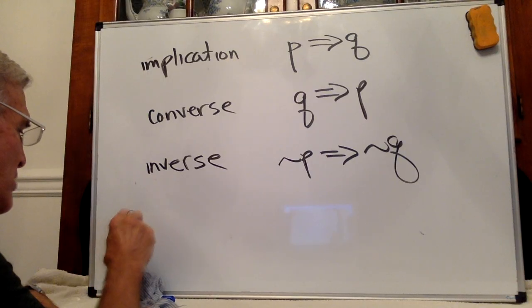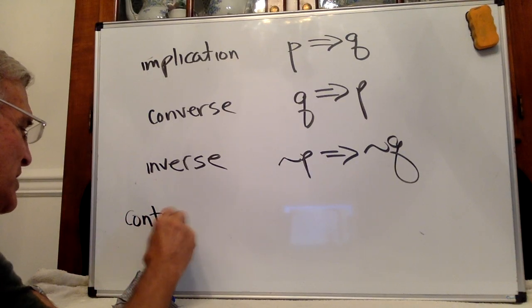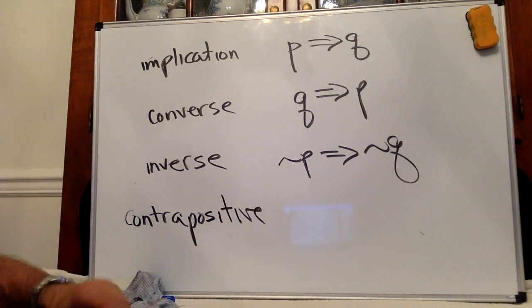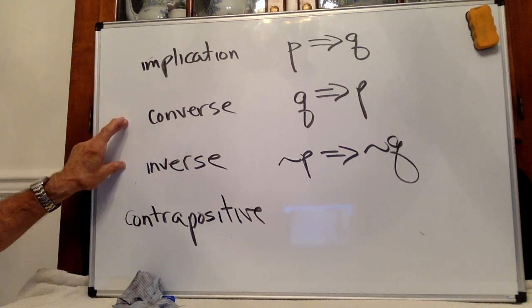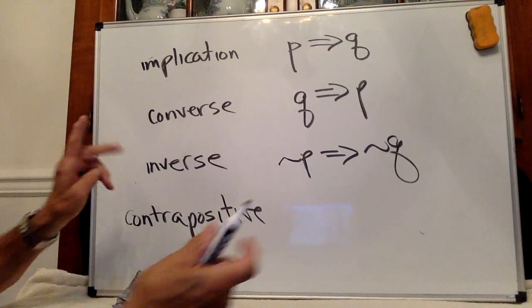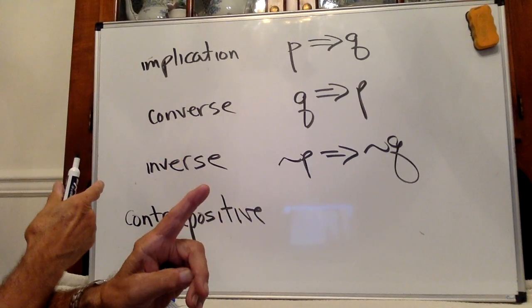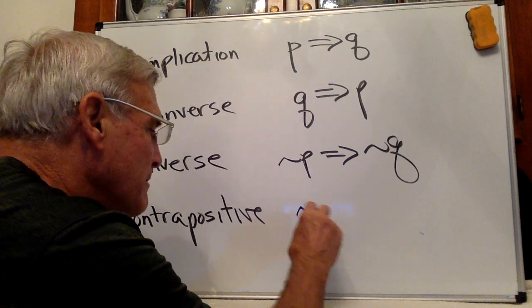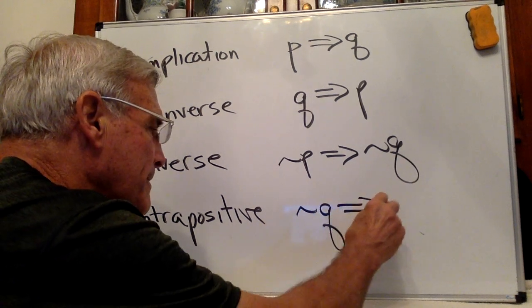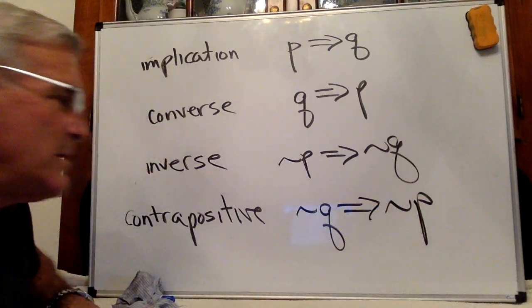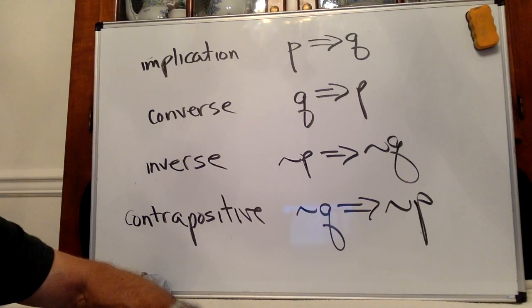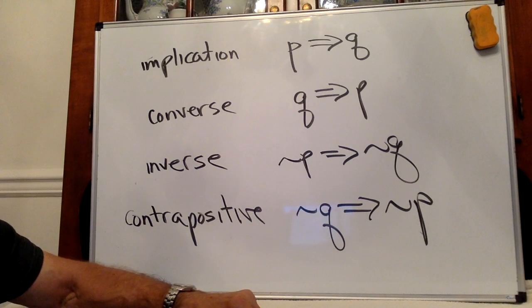And the third thing we're going to talk about is the contrapositive. The contrapositive is the combination of these two. You're going to take the original statement, take the converse, and negate both sides. So the contrapositive: turn the original statement around and negate both halves.